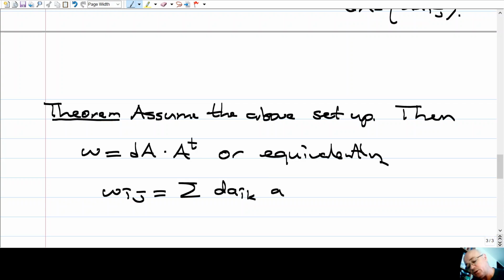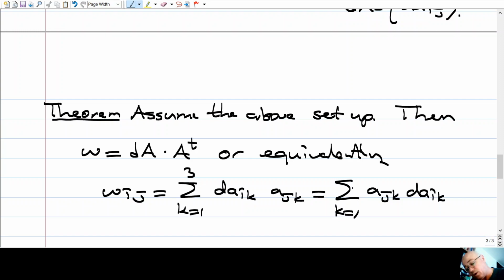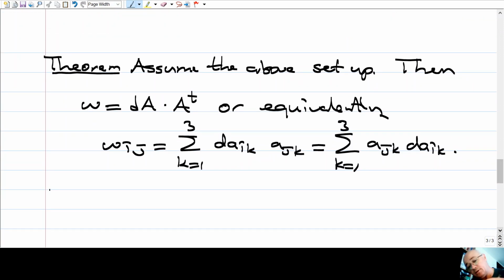The kjth entry of the transpose is the jkth entry of A, where summation is over the index k. But we write it usually like this, because this is a function, this is a one form, so this is ajk daik, k from 1 to 3. So this is the statement. Let's see why this is the case.